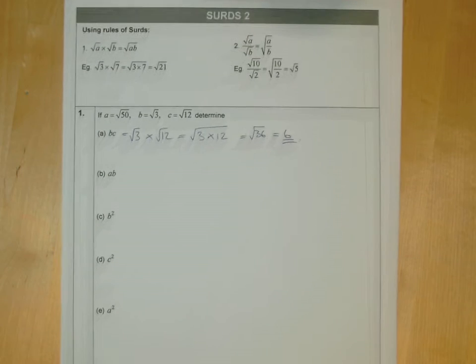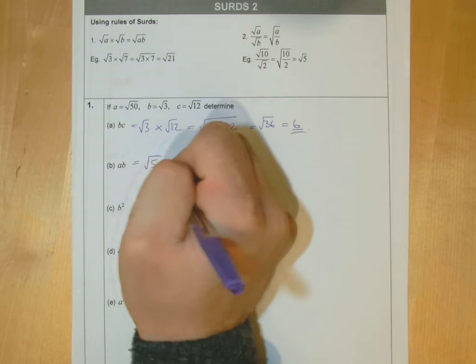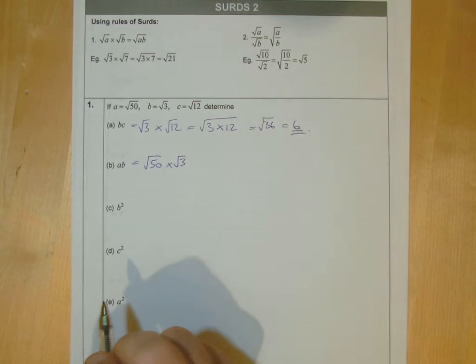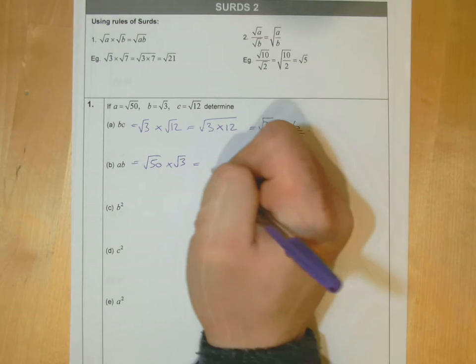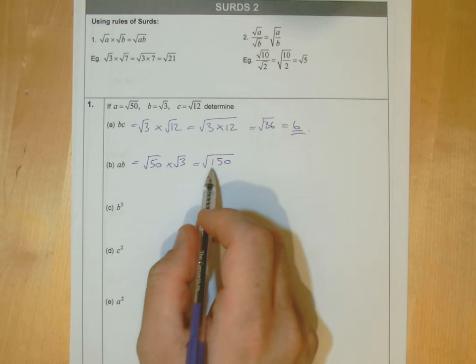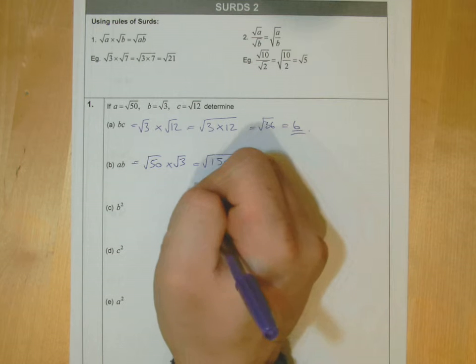Okay, so sorted. AB then, so A times B, so that'll be root 50 times root 3. So that will be root 150. Now I wouldn't leave it like this, because if you remember back to the first video, we could simplify this further.